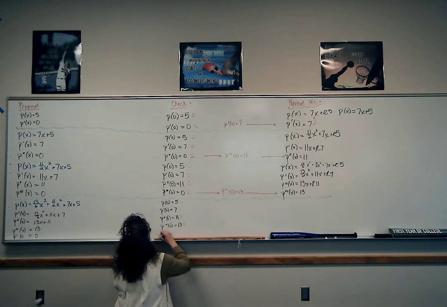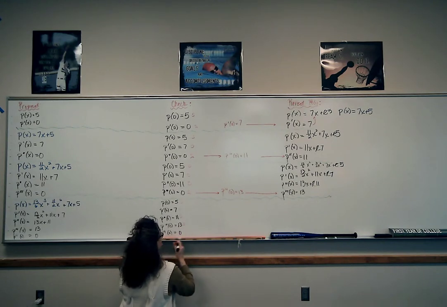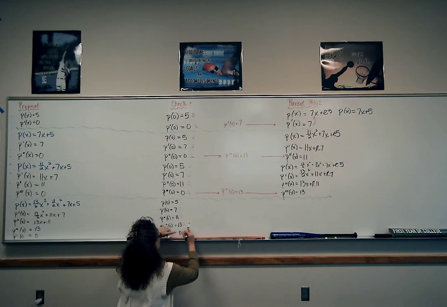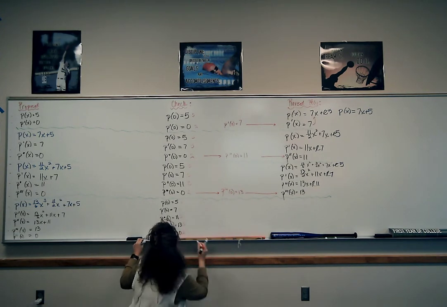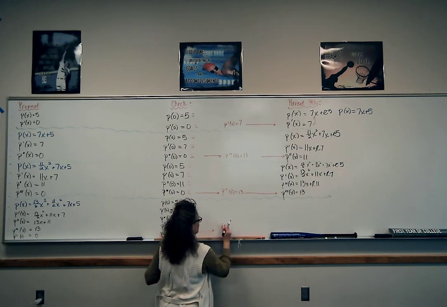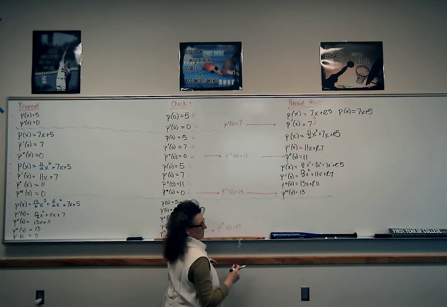And the fourth derivative at 0, sub it in, I get 0. Does that match my facts? No, I'm supposed to get 17. So my fourth derivative that goes in parentheses at 0 is supposed to be 17.